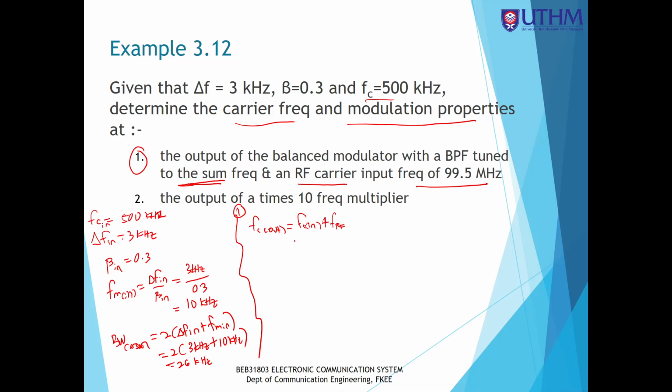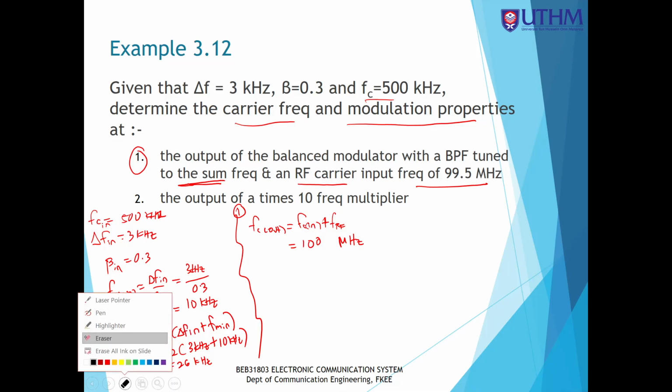FRF is 99.5 plus 500, so we get 100.0 megahertz. 100 megahertz, so no need to put 0.0. So 99.5 megahertz plus 500 kilohertz, you're going to get 100 megahertz.